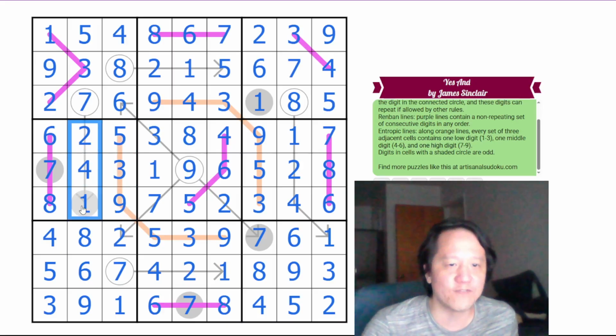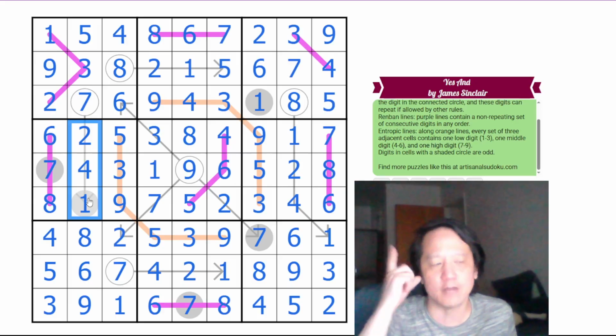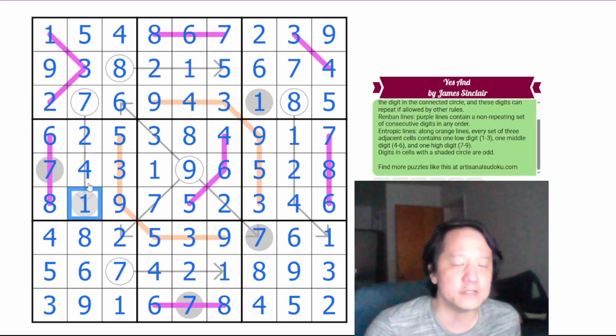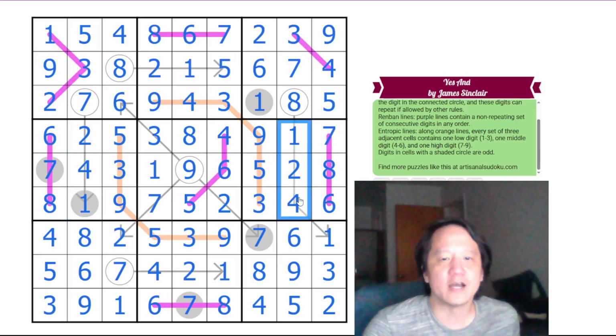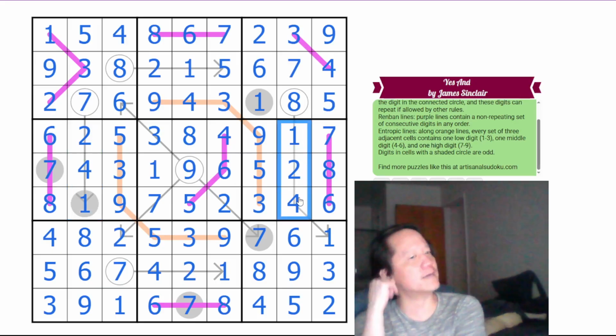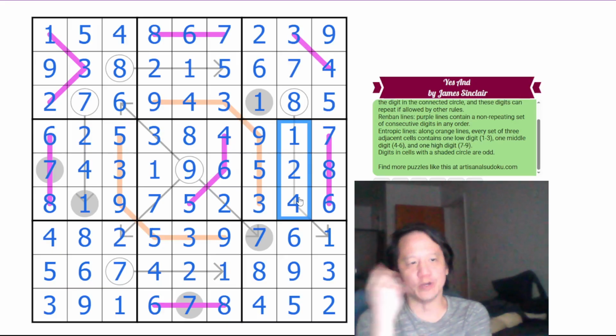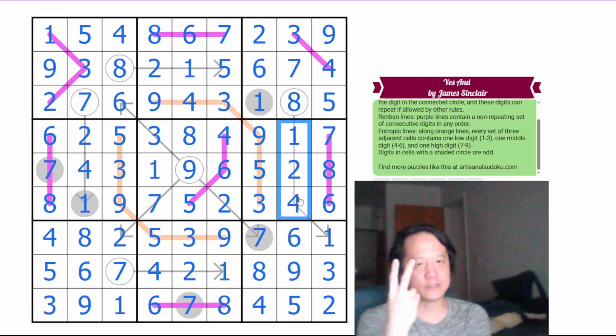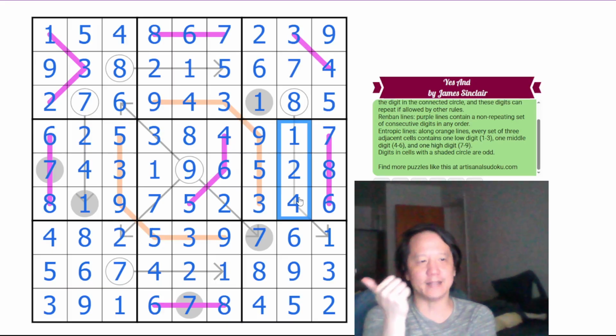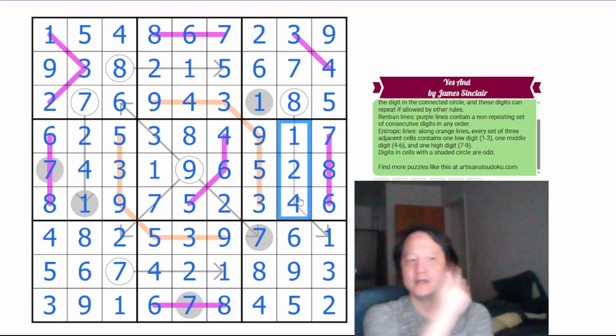So we cannot have 3 lows here. Therefore, we're forced to have 2 lows and 1 medium on these arrows, because you can never have a high digit adding up to a single digit with 2 other digits. 7 at minimum adds up with 1 and 2 to make 10, which is not a digit.